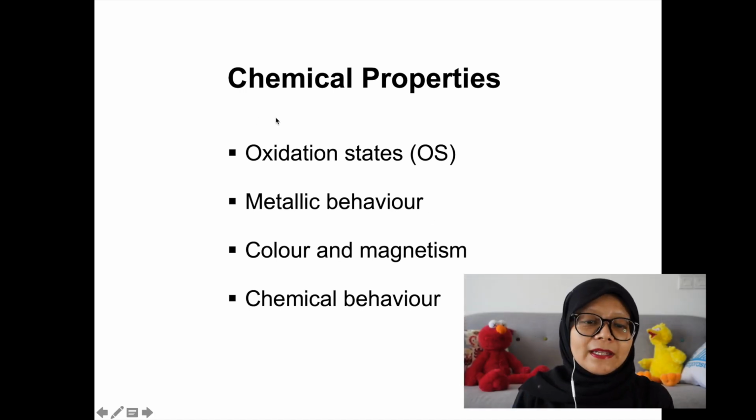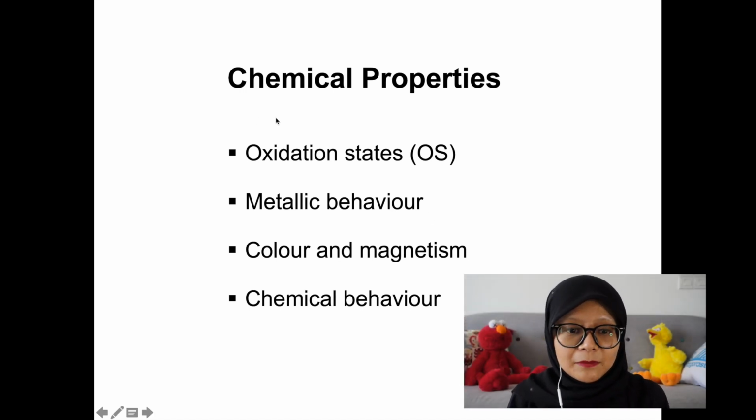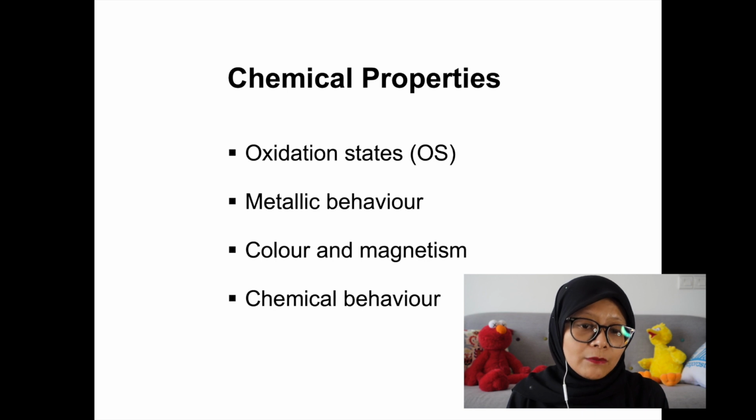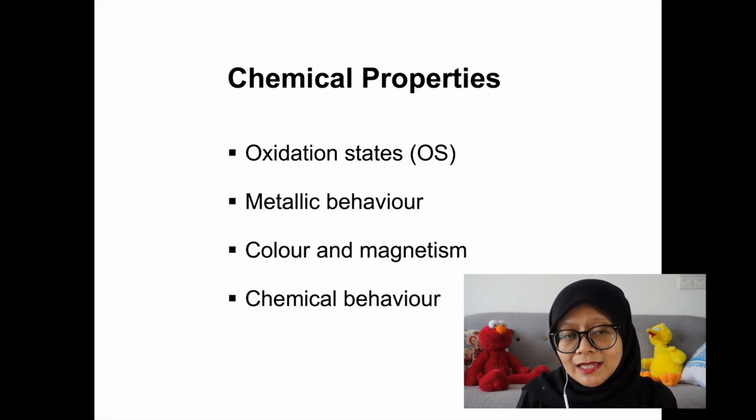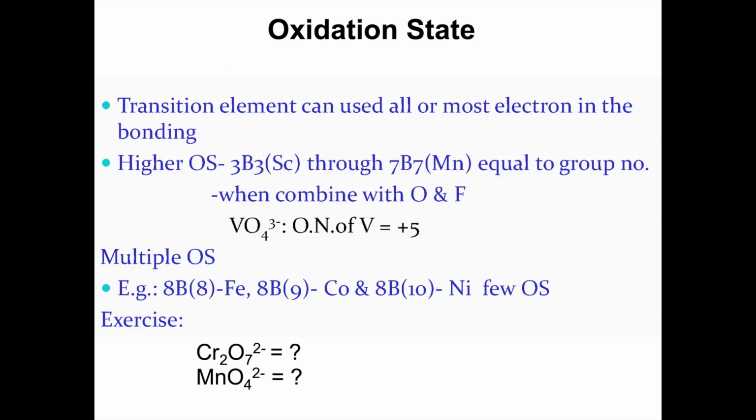So in this part, especially for the chemical properties, we will be discussing the oxidation states, the metallic behavior, color and also magnetism, and last but not least, chemical behavior.